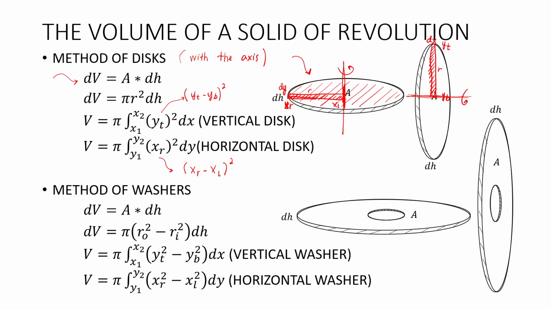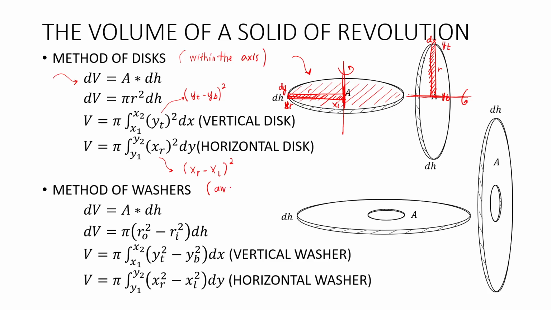So notice that we still utilize the concept of vertical and horizontal strip, but it's applied differently in this topic. So that's how you solve for the method of disk. Again, the area or the strip that you analyzed is within the axis.